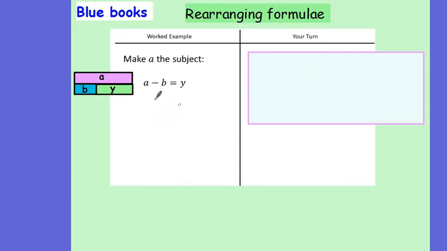So here's my example. I've got A take away B equals Y, and I've drawn it as a bar model. So I'm saying the length of A, take away the length of this blue bit, gives me my Y, my green bit. I want to make A the subject, so I want to make it look like A is equal to something. To do this, I need to add B to both sides of my equation.